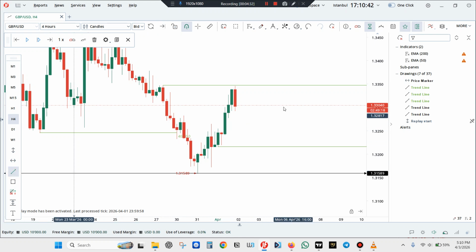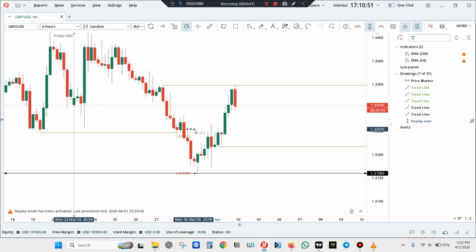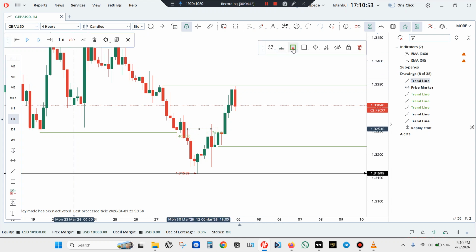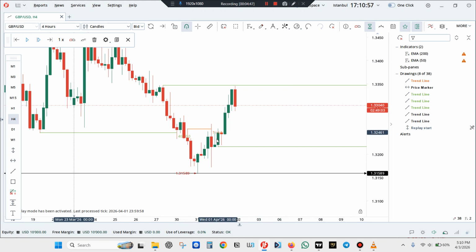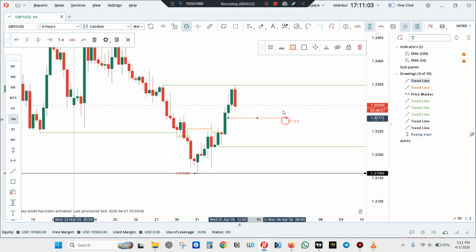So looking at H4, you will notice that the bias is still bullish, because we were bearish at this point, and then price invalidated our move, and currently it's bullish. So all the other time frames are bearish, except for 4 hour, it's still bullish.